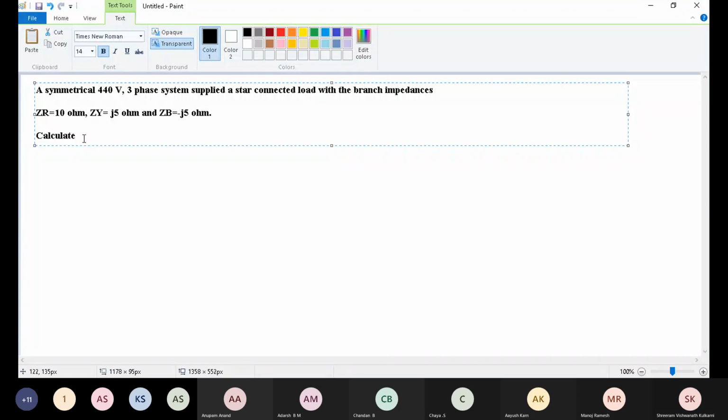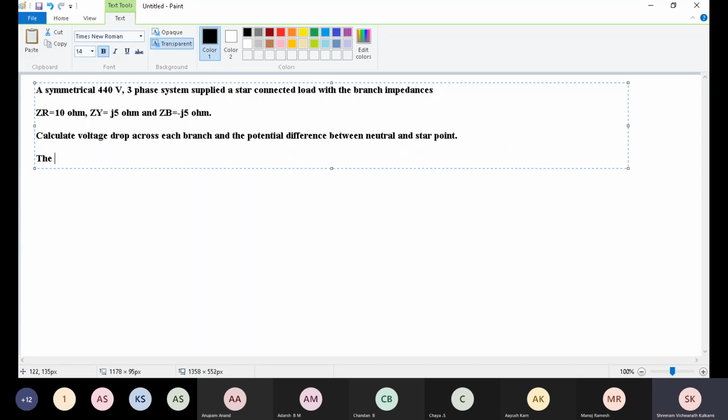Calculate the voltage drop across each branch and the potential difference between neutral and star point, and the phase sequence is RYB. Then draw the phasor diagram.